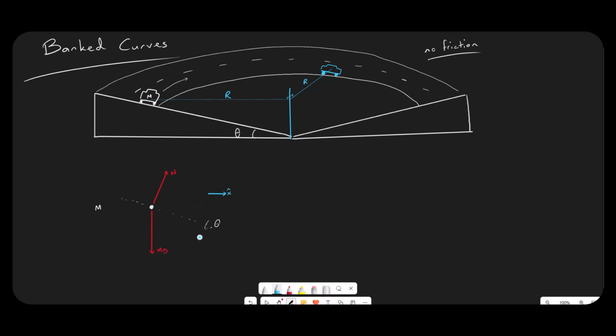Even though we have an incline, we're not moving up or down that incline. That would be a problem. Our turning radius is in a horizontal plane. And this is really the trick to banked curve problems: recognizing that we are on an incline but using regular axes.